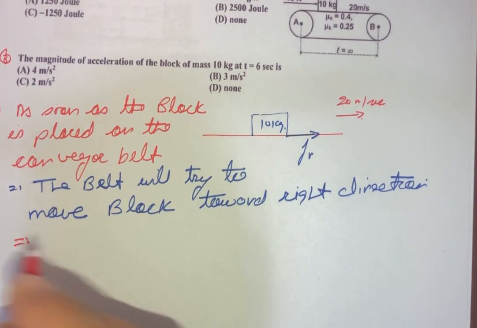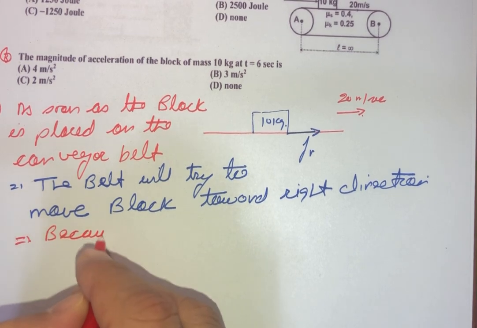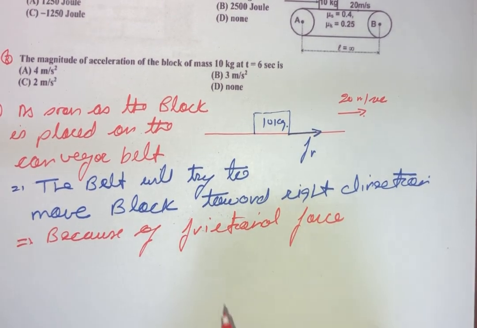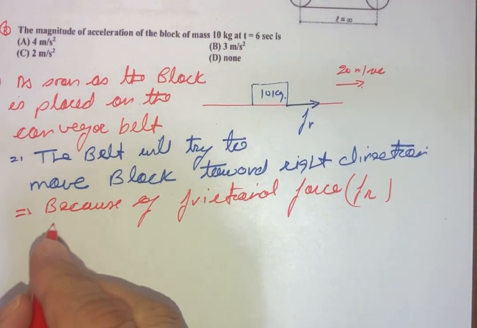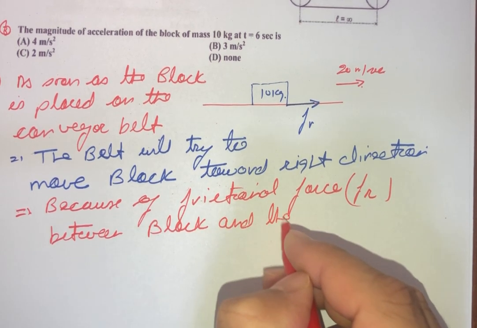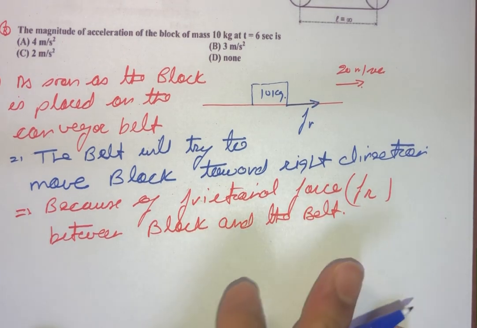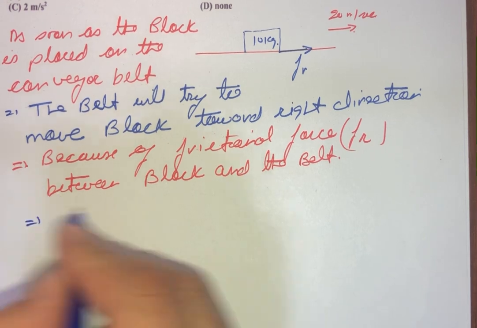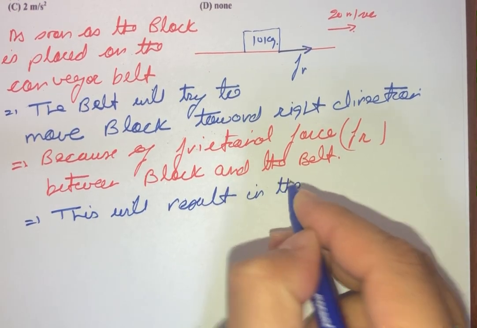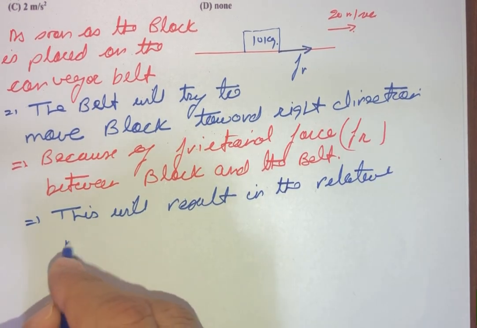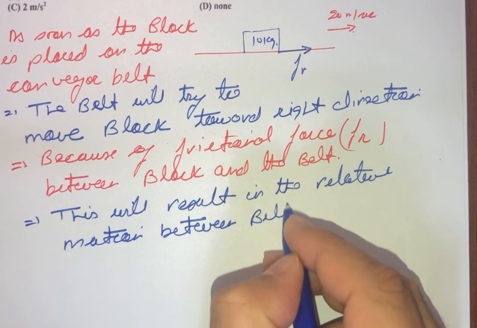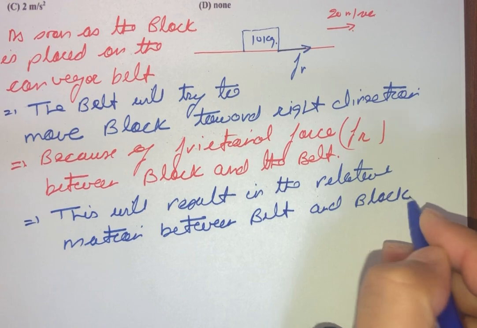Because of the friction force Fr between the block and the belt, this will result in relative motion between belt and block.